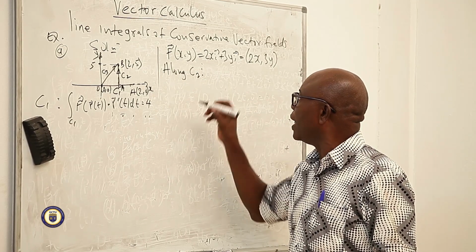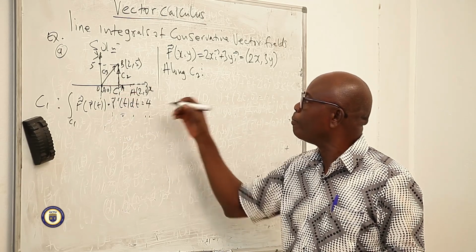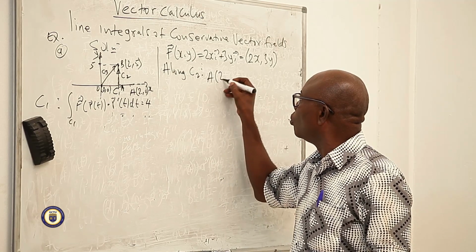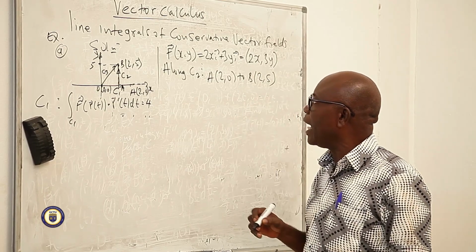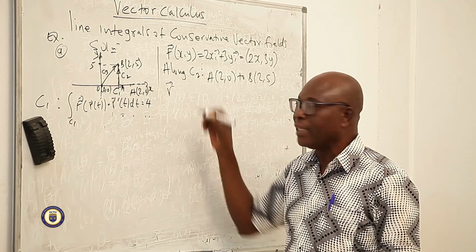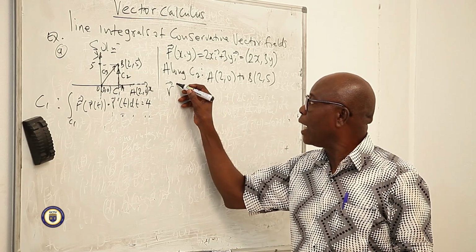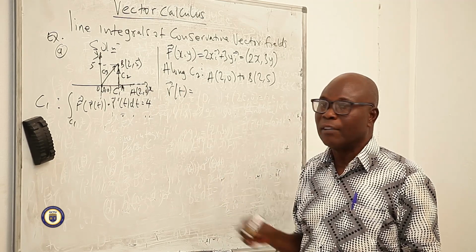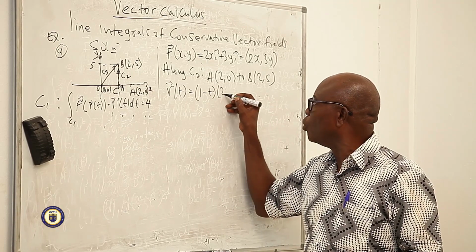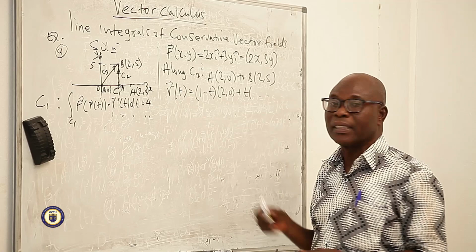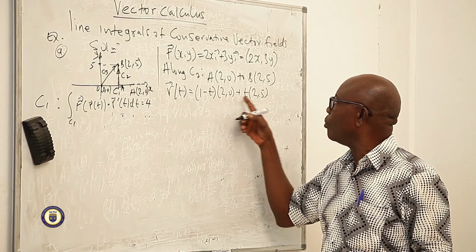Along C2, we moved from A, which is (2, 0), to B, which is (2, 5). And so we need to find the parametric equation of the path. r of t is given by the formula (1 minus t) times the initial position, plus t times the final position, which is (2, 0) and (2, 5).